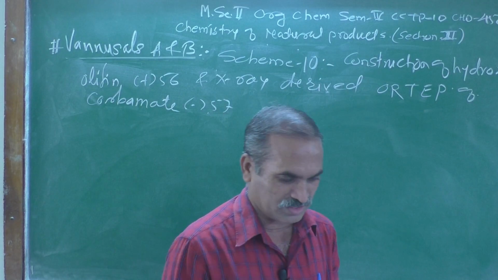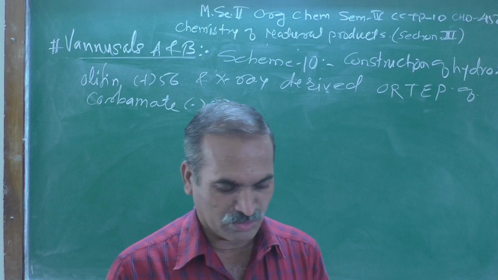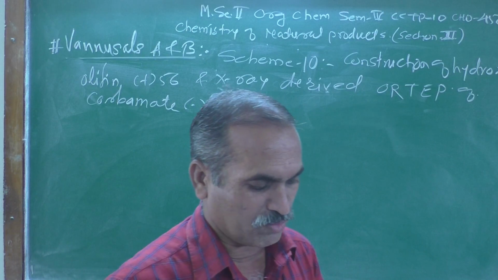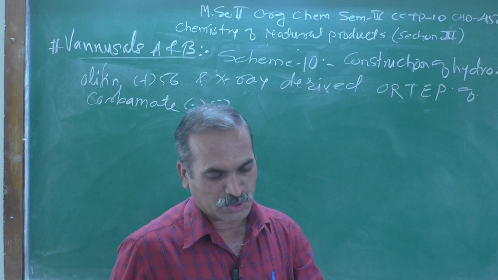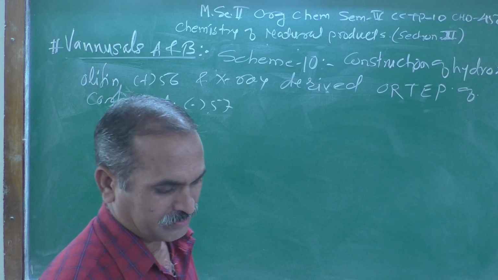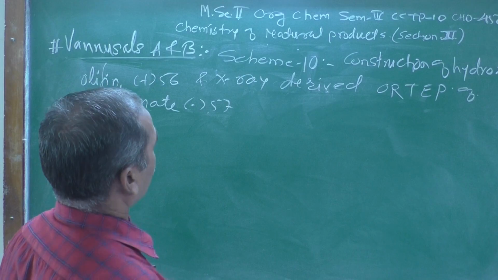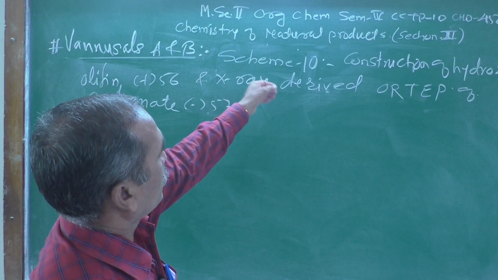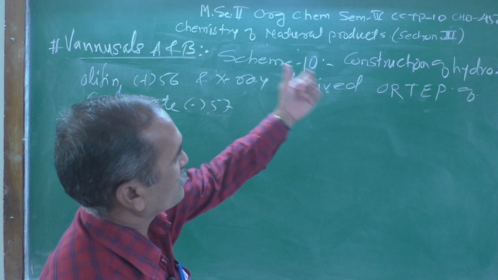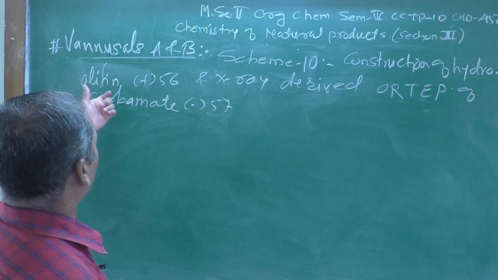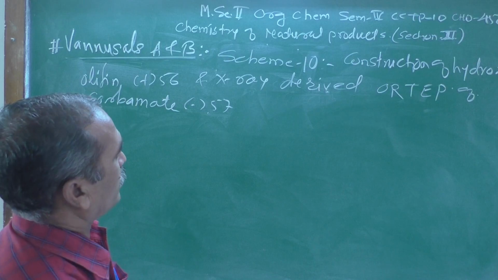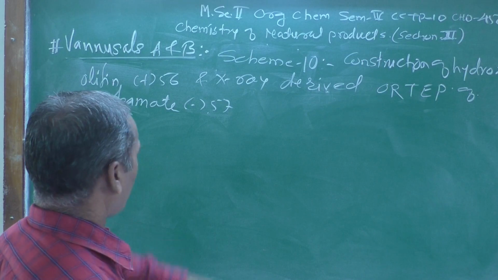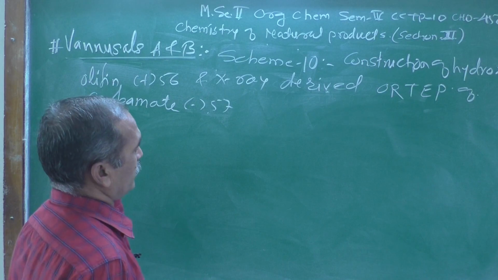In detail that structure we have seen, and now we are going to see the reagents and conditions maintained during scheme 10, the heading of which is construction of hydroxyolefin 56 and X-ray derived ORTEP of carbamate 57, that we already learned.